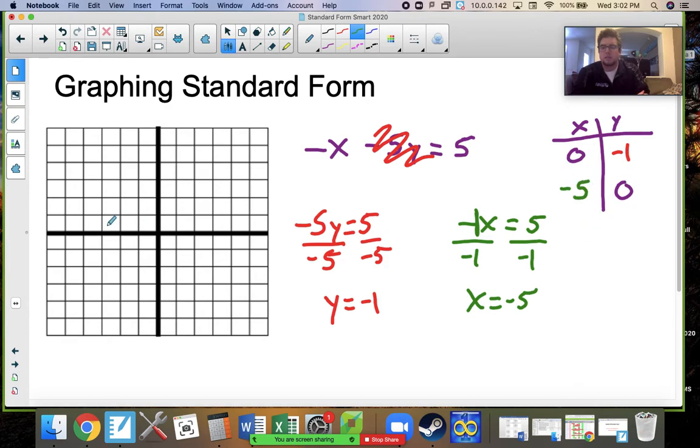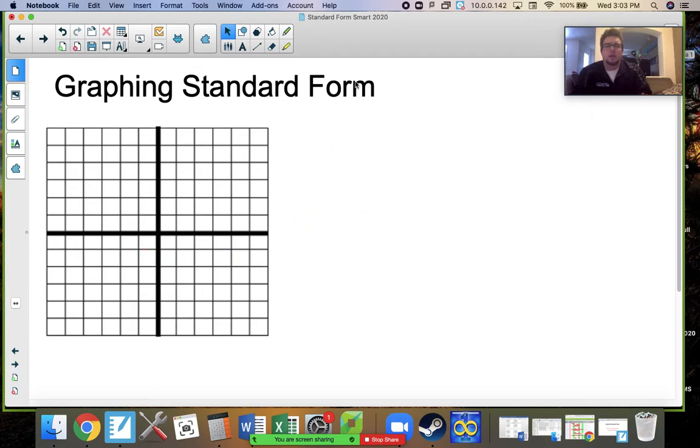Plotting these 2 points, the -5, 0 lands us here. 0, -1 lands us here. Now that we have 2 dots, we can graph our line. I'm going to adjust it so it's actually accurate. And there's our line.